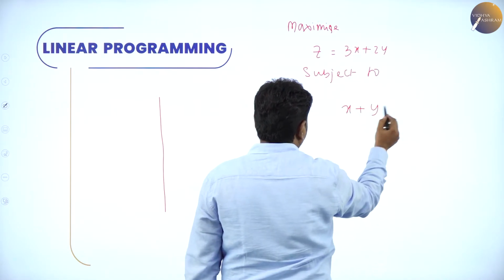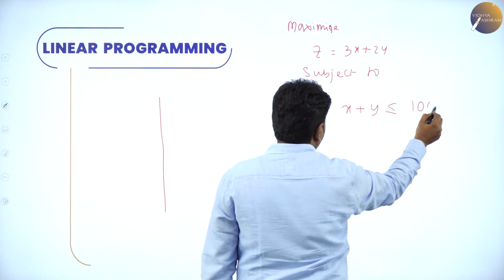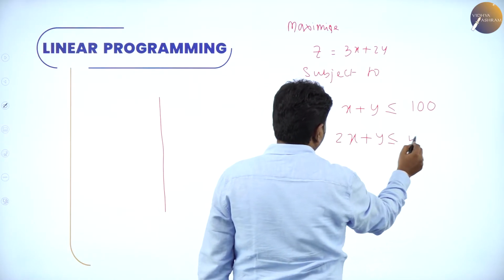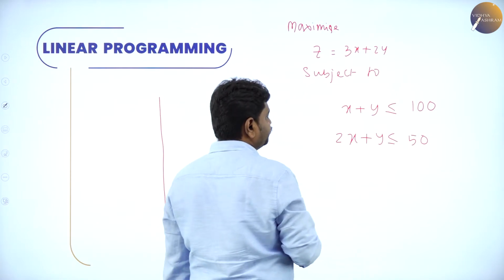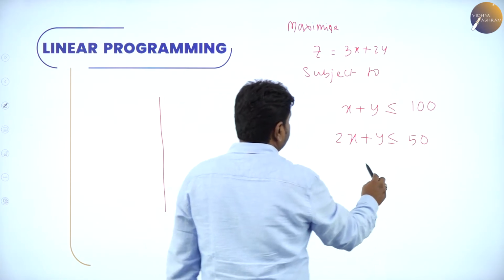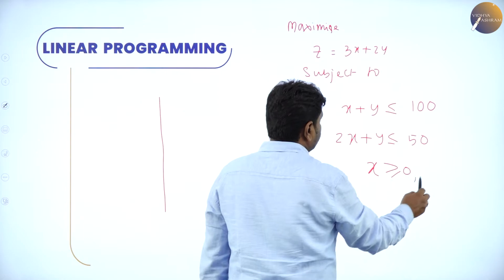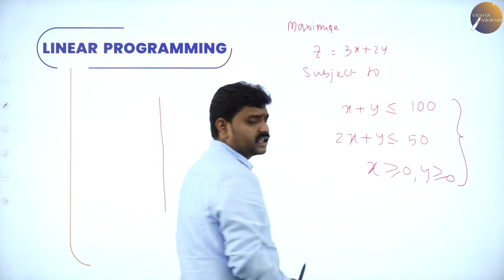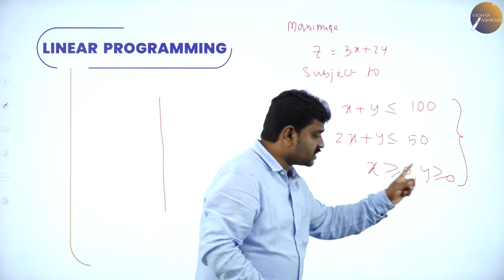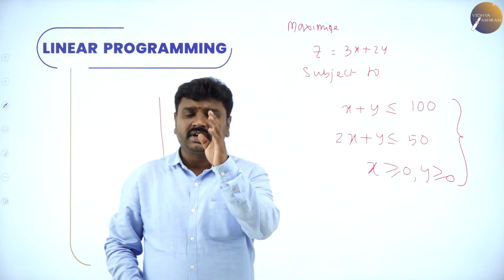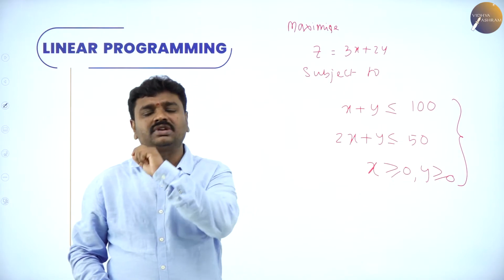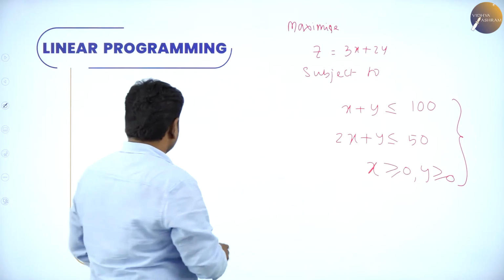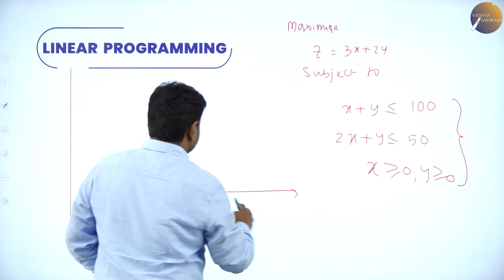They'll give x plus y less than or equal to 100 and 2x plus y less than or equal to 50, something like this, and x greater than or equal to 0, y greater than or equal to 0. These conditions we call constraints, and x and y greater than or equal to 0 are non-negative constraints, which say that the graph lies in the first quadrant. So when you plot, the graph comes only in the first quadrant.